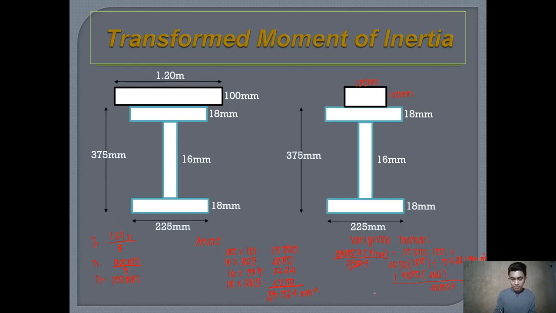Y top now is equal to, I will have here 15,000, multiply that by 50, plus 4050 times 109 plus 5424 times 287.5, and then the last one 4050 times 466 divided by 28,524.